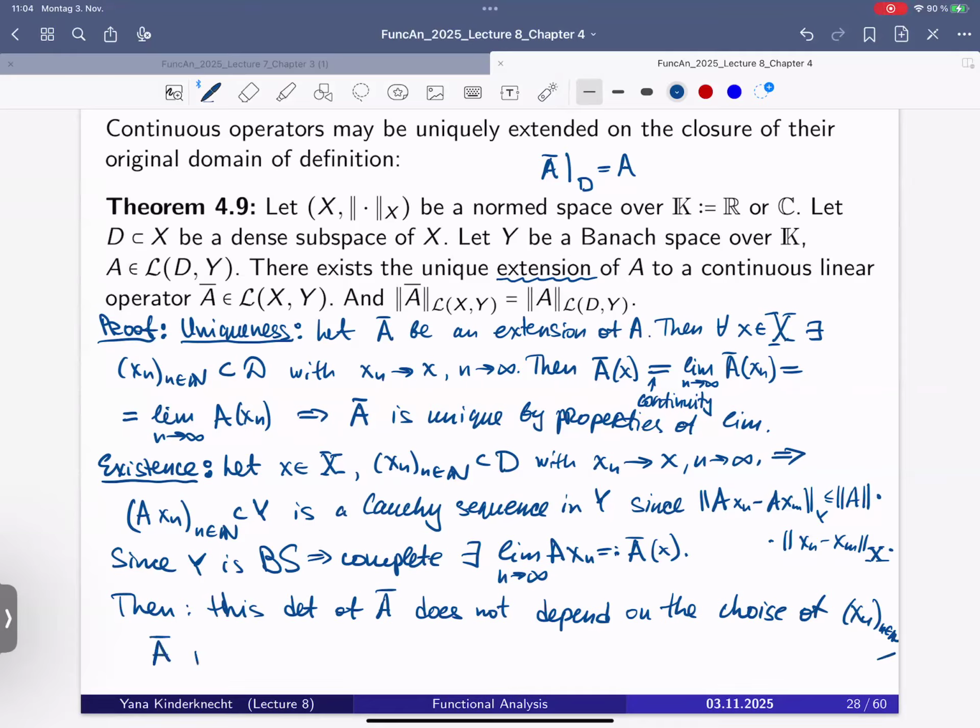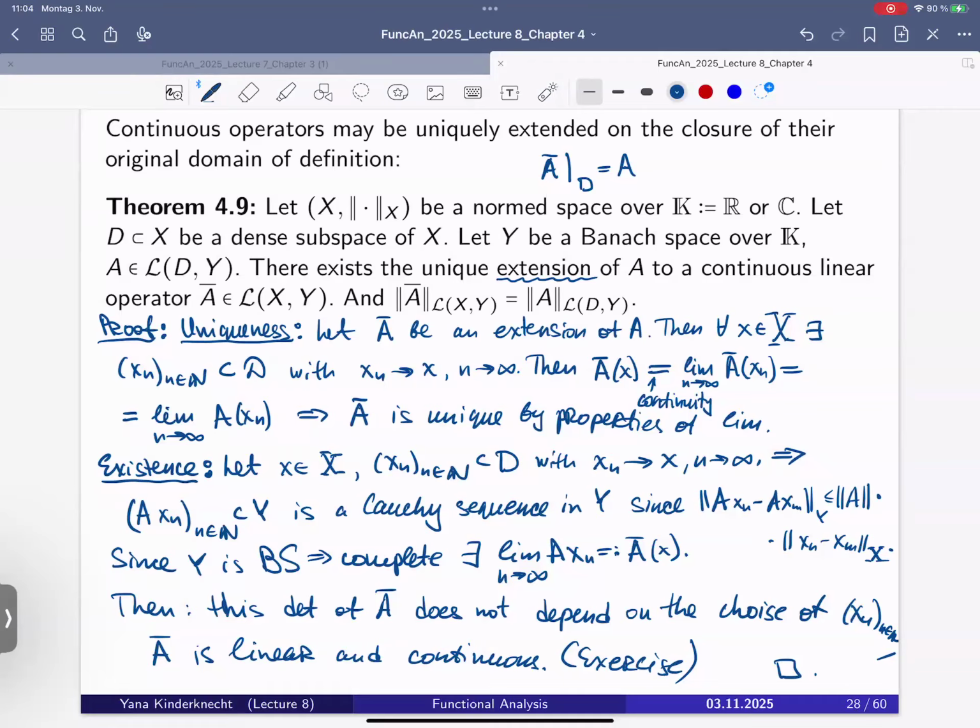And A bar is linear and continuous. It's an exercise.